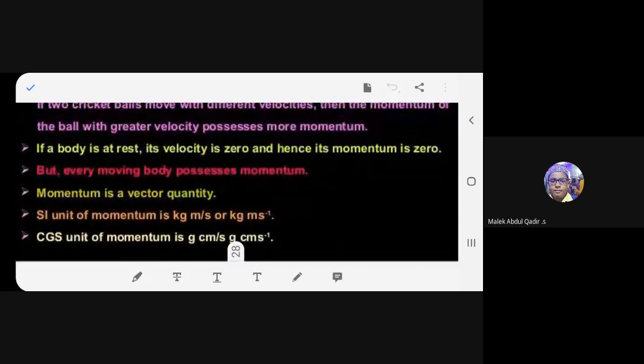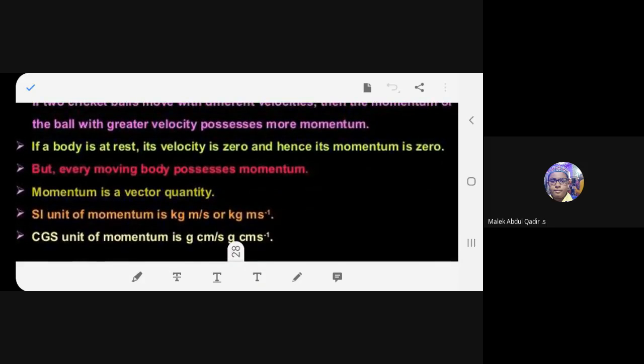If a body is at rest, its velocity is zero and hence its momentum is zero. We know this. But every moving body possesses momentum, right? Momentum is a vector quantity. You agree?